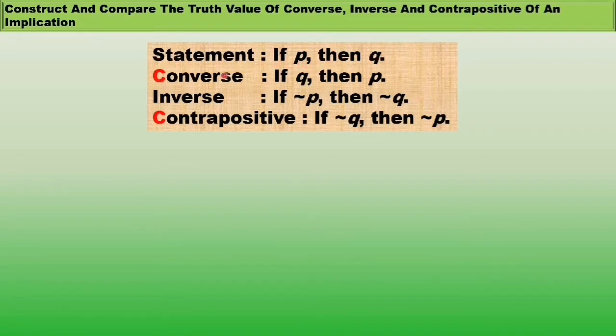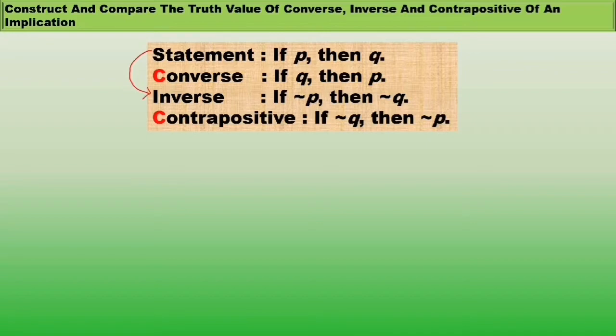So converse is if Q, then P. We just write the first information at the back and second information at the front. That is converse. Whereas the inverse, I will refer to the statement here.